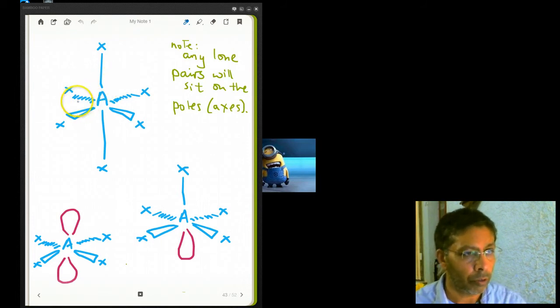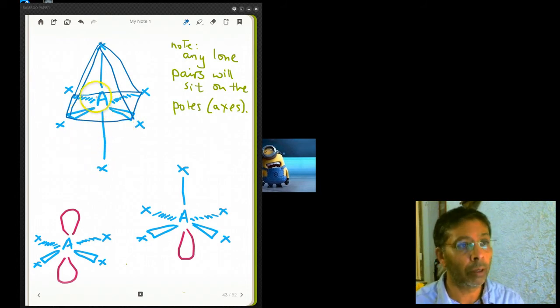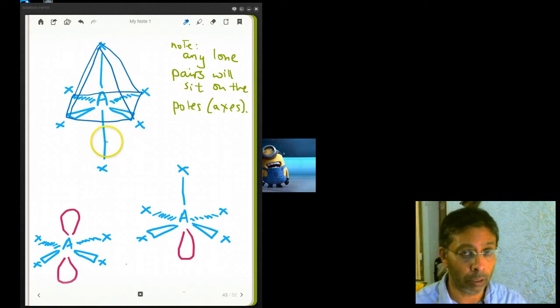Well, you can draw a pyramid, join up all the atoms there. Can you see that's a square-based pyramid on the top? You could draw a square-based pyramid on the bottom as well. If you count the sides, you've got 4 sides on the top and 4 on the bottom, so 8 sides, hence it's called octahedral.